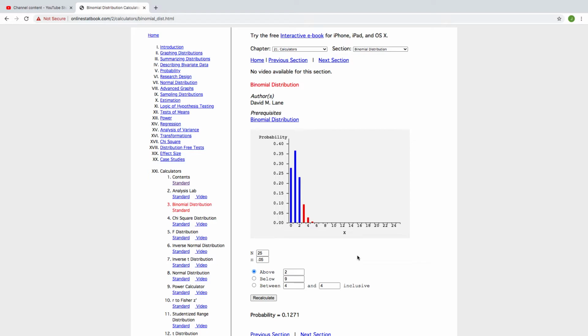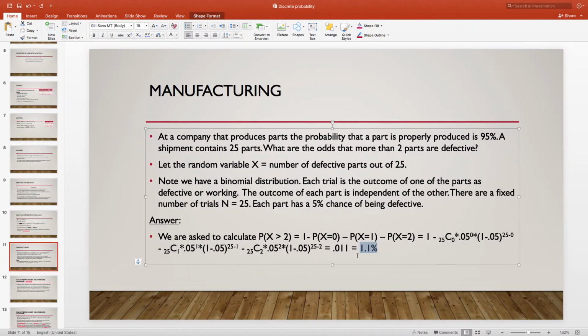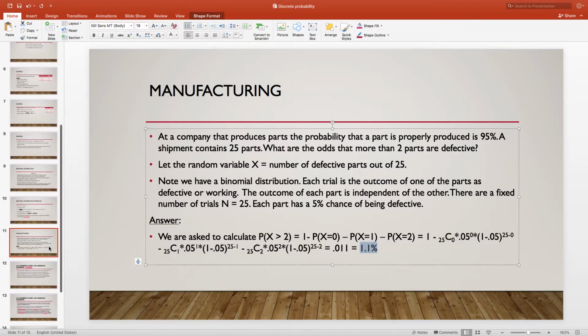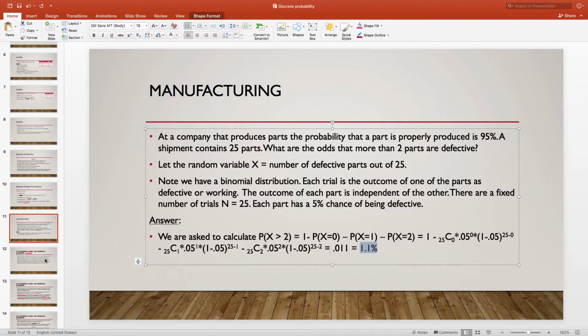This is 0.012 as my answer for having more than 2. We can proceed to our next problem because we have solved this one. The probability of having more than 2 defectives is a 1.1% chance, so we're pretty happy with those odds if we're the company.